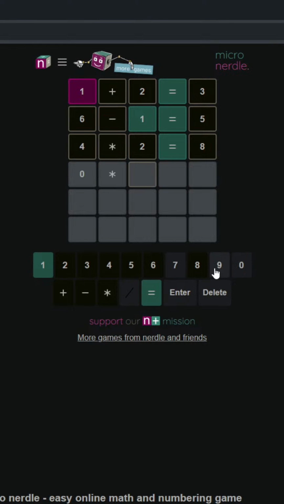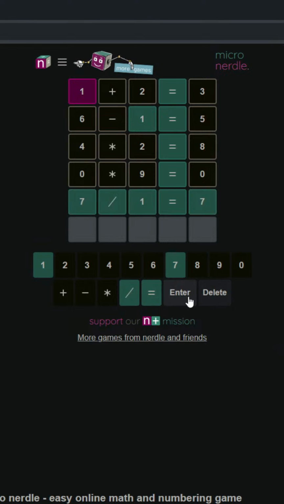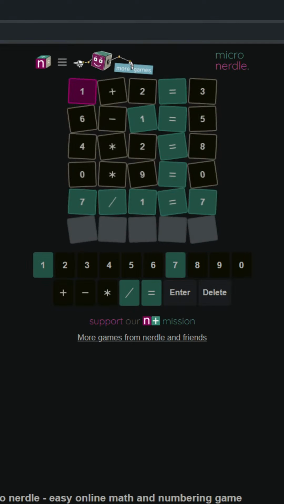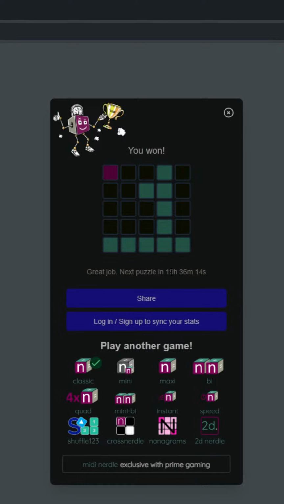We could do 0 times 9 is equal to 0, and this will at least give us an answer. It's 7 divided by 1 is equal to 7. This is the answer. They made it a little hard there because it was dividing by 1. Oh, would you look at that? Kind of forms a 1.